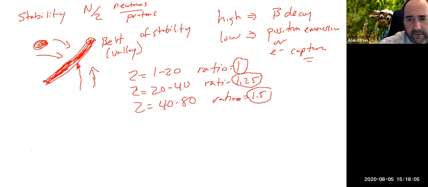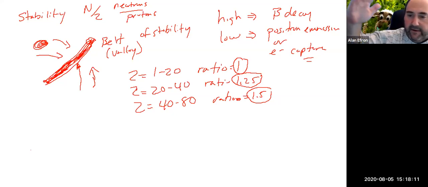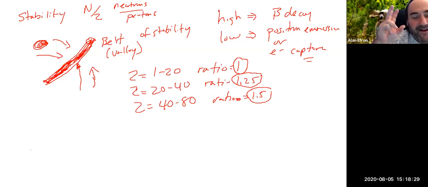That was sort of an important area of stability. There's also other areas where you can look at stability and maybe figure it out. And that's based on the number of protons or the number of protons and neutrons that are present. If you have even and even in terms of protons and neutrons, that might make more sense.